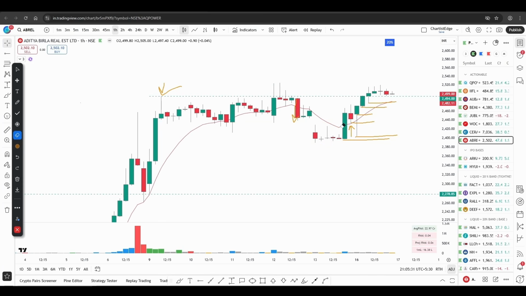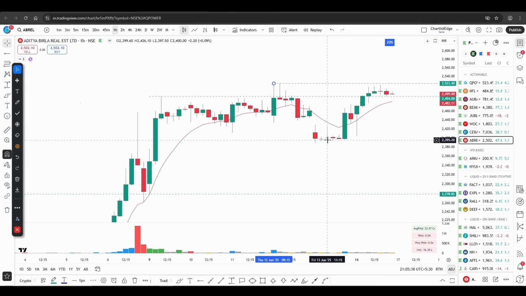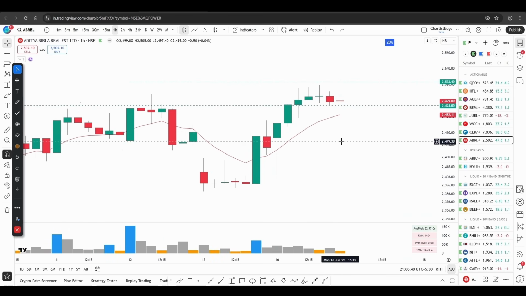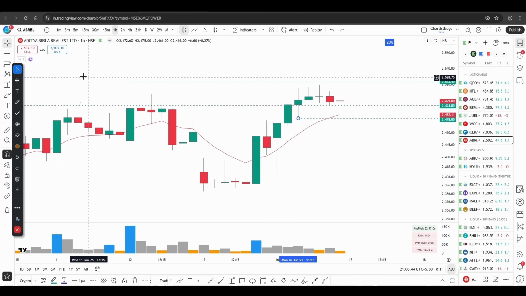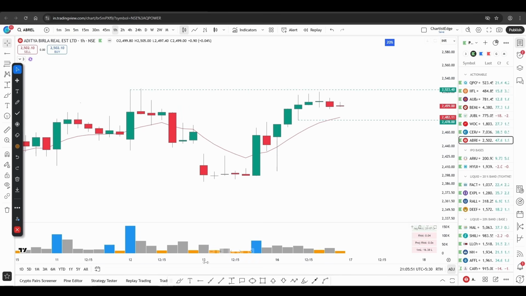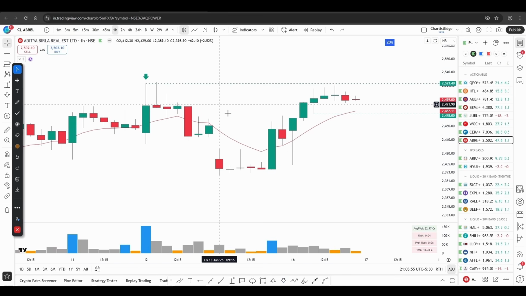So if the price has to go up, it will do something like this. Now this is the range that I am most interested in, because let me delete this first. This is the range I am most interested in, because this is the area from where the selling started.